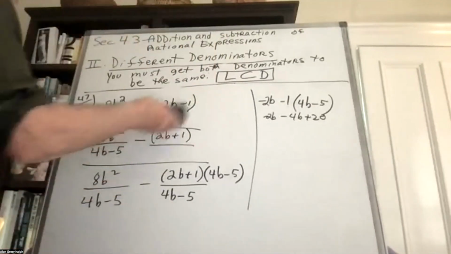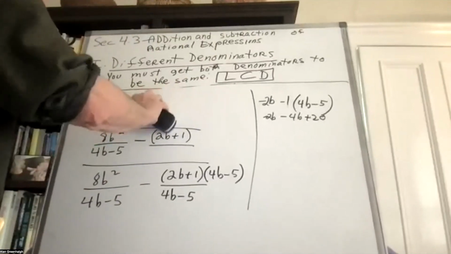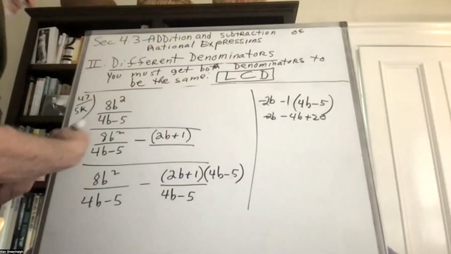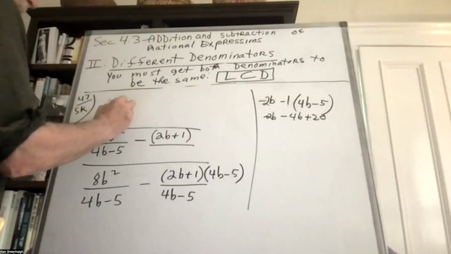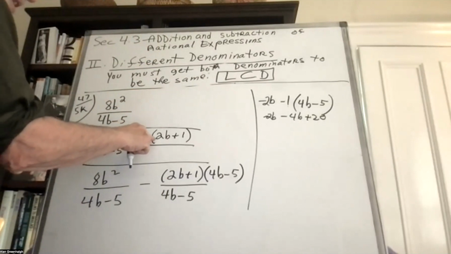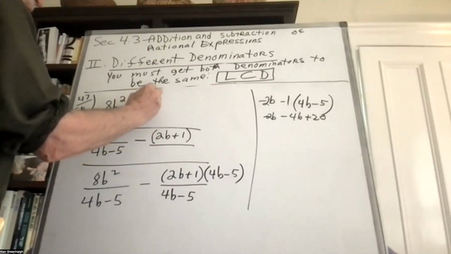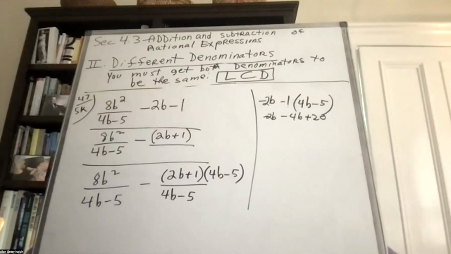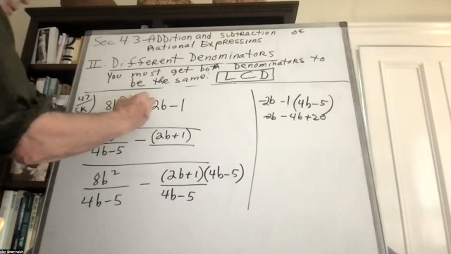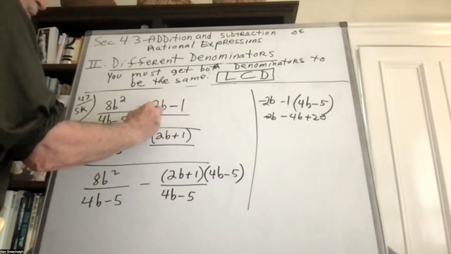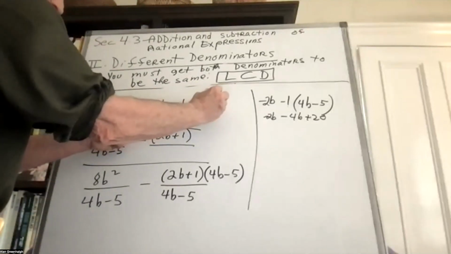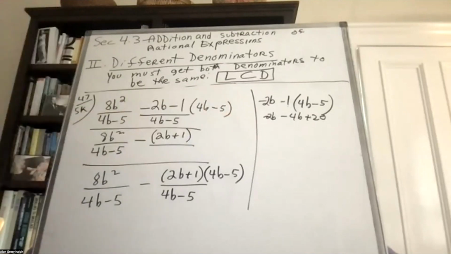See, this is where being in a classroom would help, right? It would be 2b minus 1 over 4b minus 5. This is the original problem. Yeah, that's the original problem. So what do you want to do? You want to just stick a 4b minus 5 there, and then what?